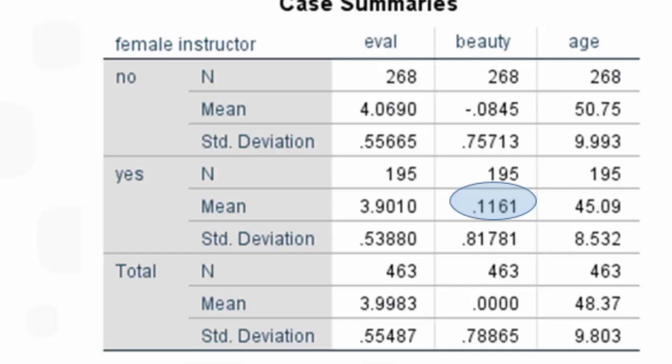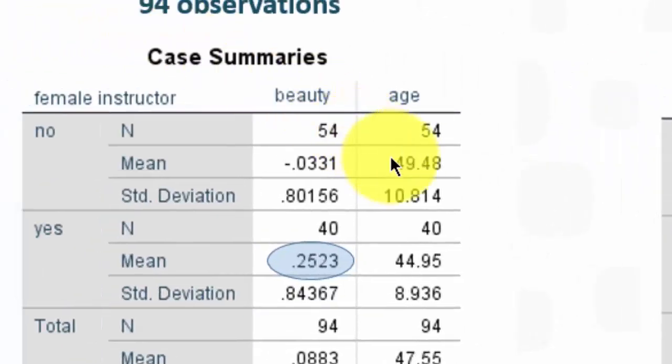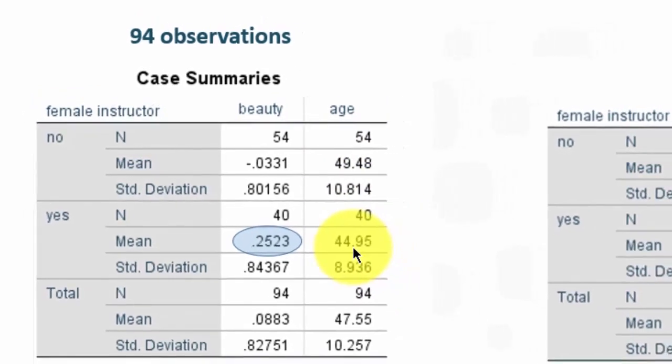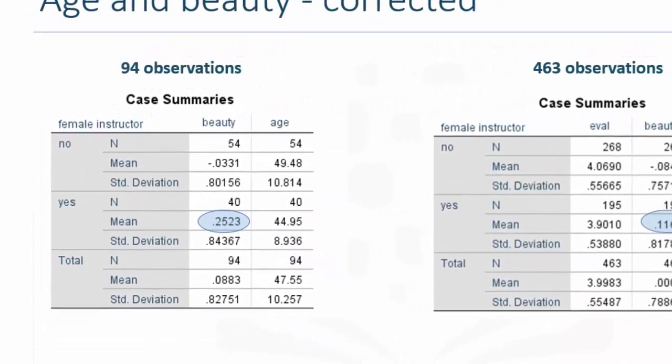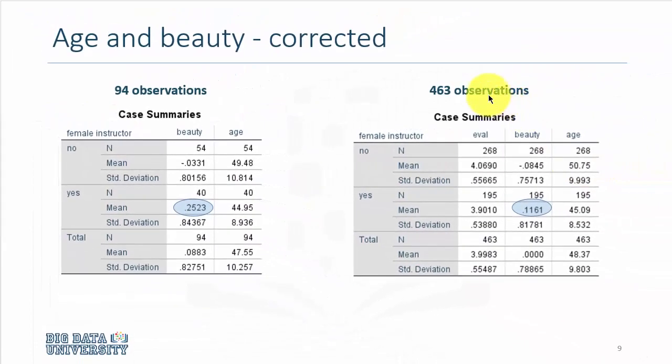The average age using 94 observations for males is 49.4 and for females is 44.9. And you see here that as for age, we don't see much difference whether we use 463 observations or 94, but we certainly see much difference in the beauty scores if we were to use the wrong data set, that is the data set where individuals are repeated multiple times.